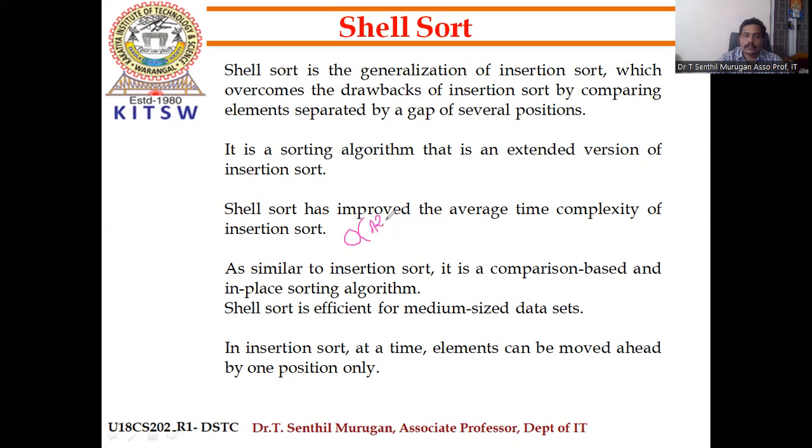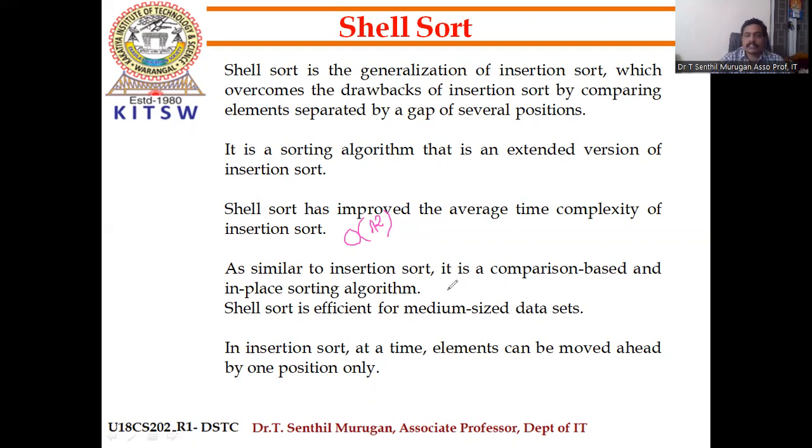So we have to compare each element with all other elements if it is not partially arranged in ascending or descending order. That situation is considered the average case. The average case time complexity is order of n squared for insertion sort. For improving this efficiency, we use shell sort.